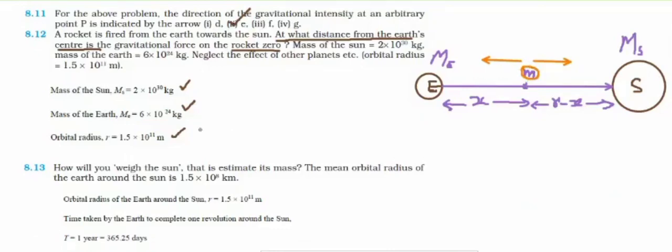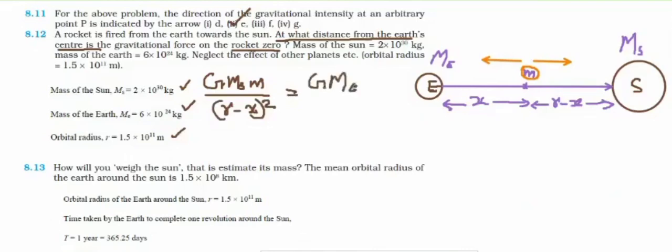So accordingly the gravitational force between the rocket and the Sun, G Ms m divided by (r minus x) whole square, is equal to the gravitational force between Earth and the rocket, G Me m divided by x square.